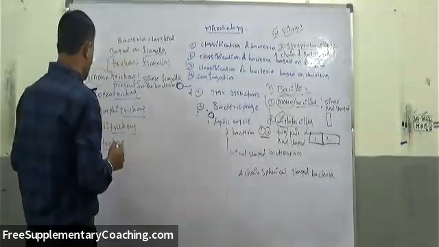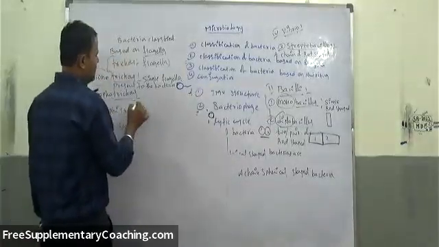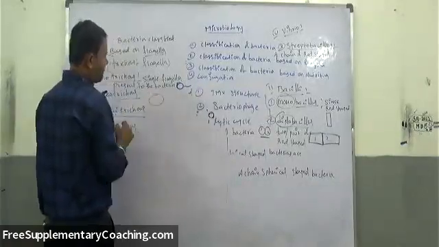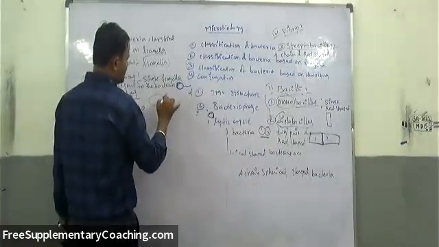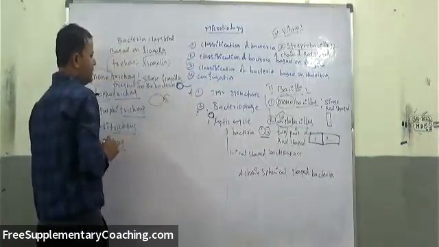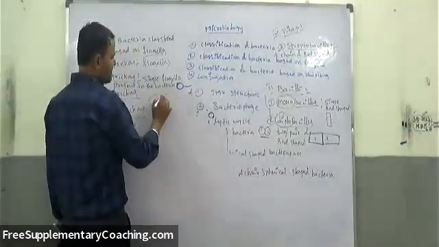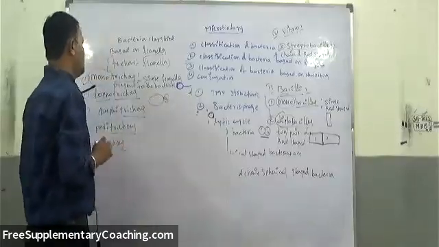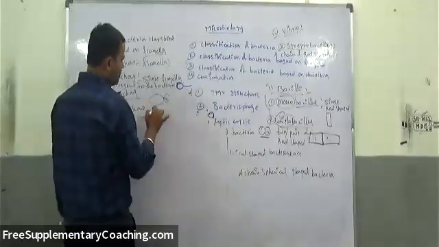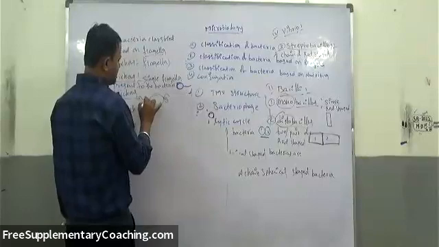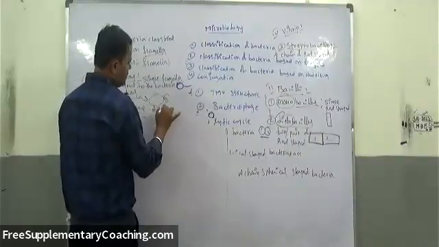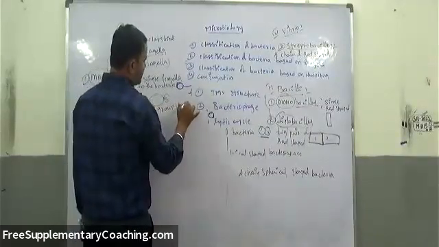Lopotrichous. Lopotrichous means a group of flagella are present on the bacteria, only at one pole, one side.